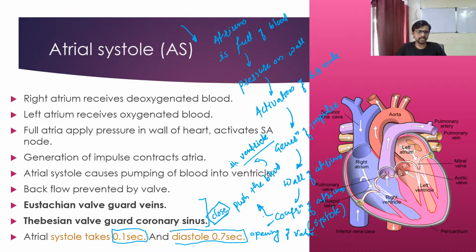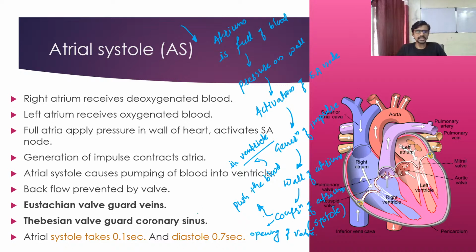I already explained that it takes only 0.8 second to complete one beat. So there is no point discussing how it gets converted and how it takes 0.7. We have a graph about atrial and ventricular systole and diastole. Keep in mind that 0.1 second is for atrial systole, meaning atrial contraction, and 0.7 second is for atrial relaxation.